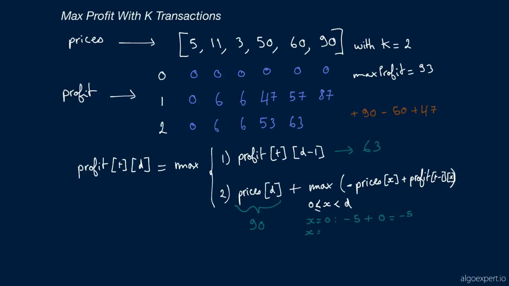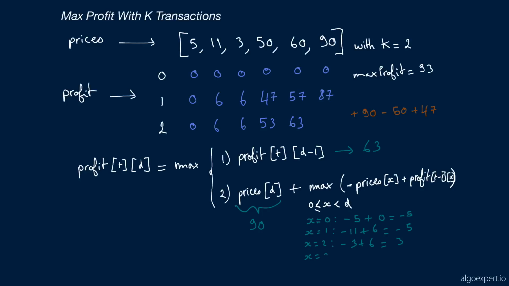For X equals 1, we have minus 11 plus 6. So minus 11 plus 6 equals minus 5 as well. For X equals 2, we have minus 3 plus 6. So we have minus 3 plus 6 equals 3.